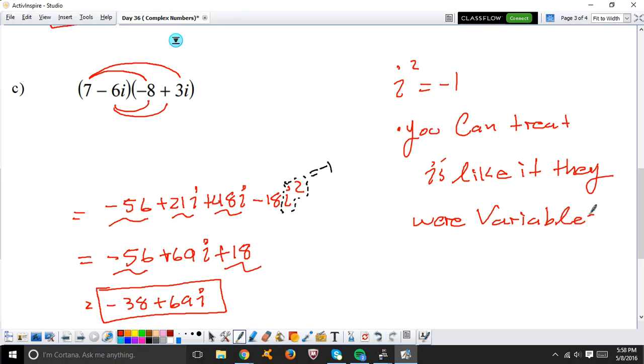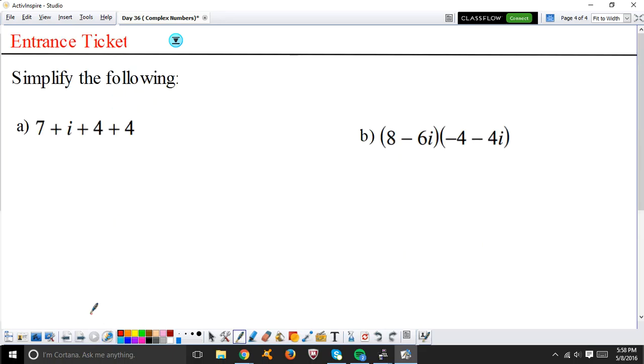So let's write that. Variables. Okay. So use your entrance ticket. Just simplify the following. Remember, you can combine like terms. Treat i like if it was some kind of a variable. And when you're multiplying, don't forget to use the property of i to the second being equal to negative 1.